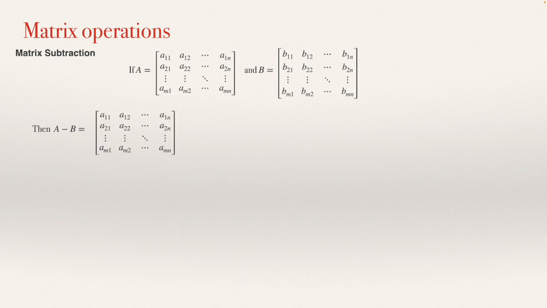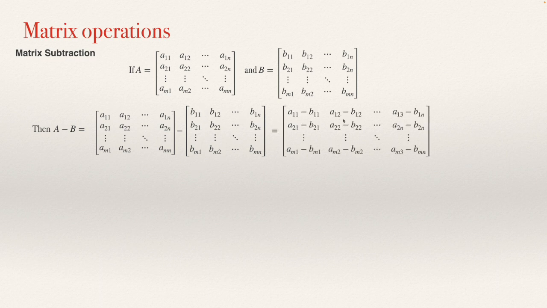So the answer will be a matrix of the same size. If you are subtracting two matrices, then the first element in the first row of the answer will be A sub 1 1 minus B sub 1 1. So the element in the first row, first column of matrix A minus the element in the first row, first column of matrix B. And do the same with each element.